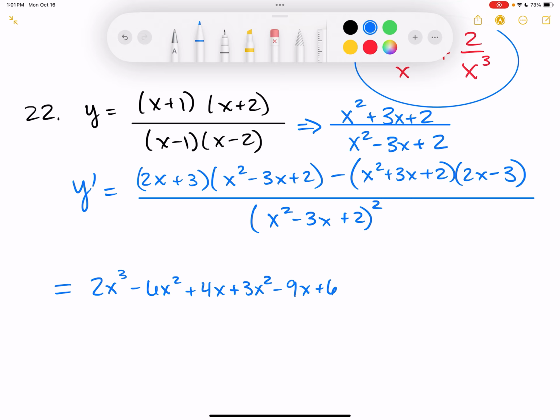That's negative 2x cubed minus 6x squared minus 4x. Now this negative and the negative 3 cancel, so these are all going to be positive: plus 3x squared plus 9x plus 6.